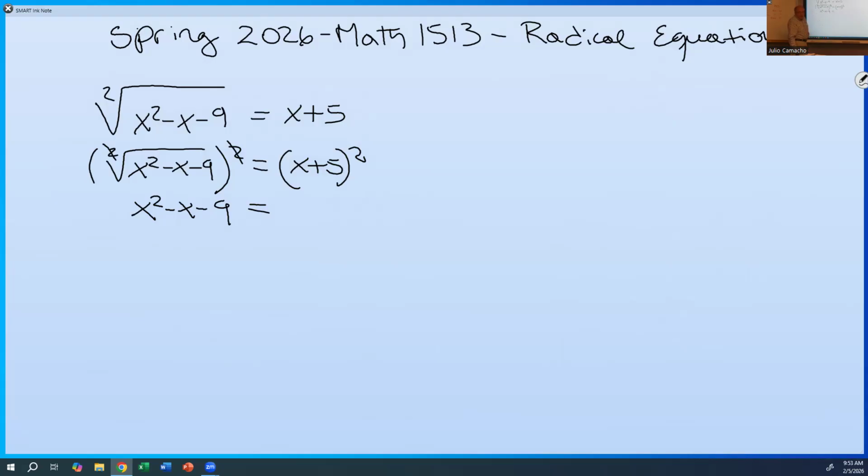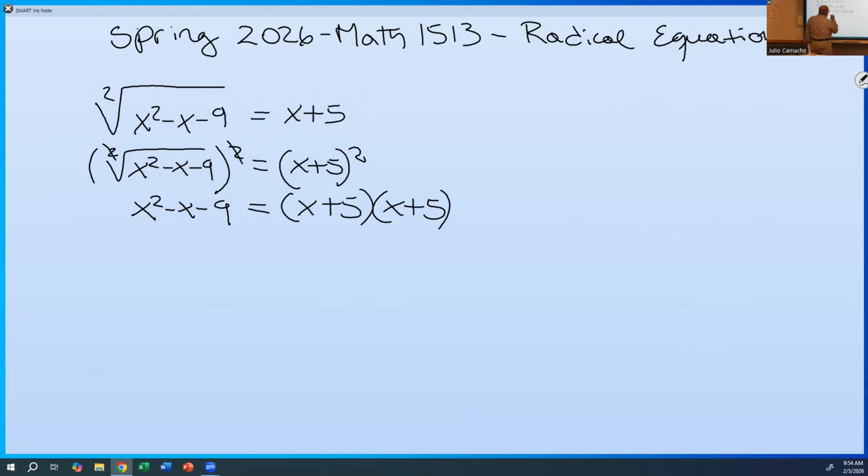How many sets of x plus 5 do you have there? Two. So you need to write it twice. Parentheses, x plus 5 and x plus 5. Very good. x plus 5, x plus 5.